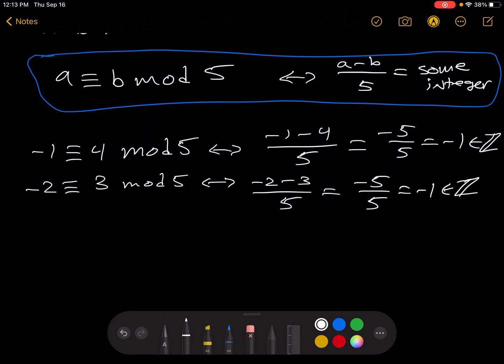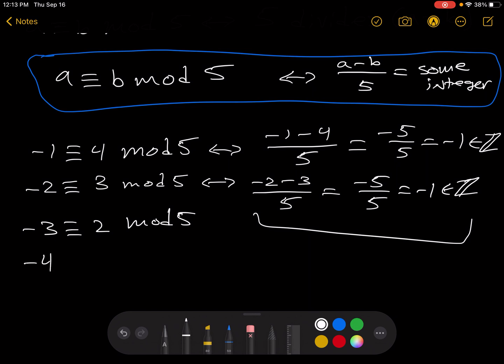So it's true that negative 2 is congruent to 3 mod 5. And similar calculations would show us that negative 3 is congruent to 2 mod 5, negative 4 is congruent to 1 mod 5, and negative 5 is congruent to 0 mod 5.